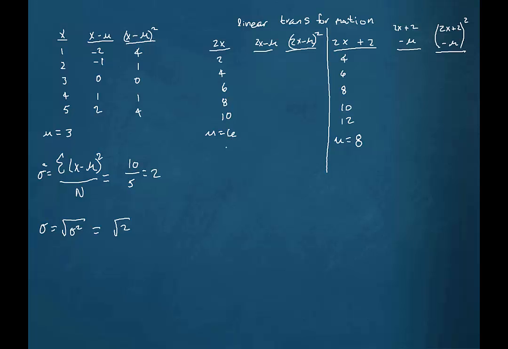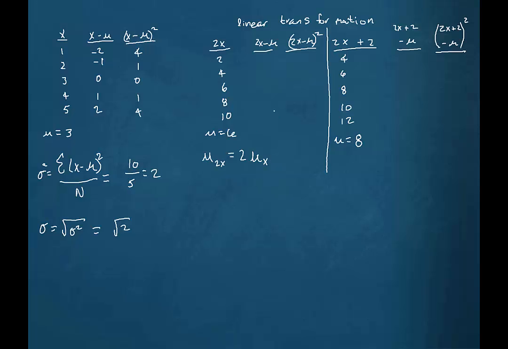And what we notice here is that the mean for this data set is twice the mean for this data set. So the mean for the data set that was 2 times each of the data values is just 2 times the mean for the original data set.